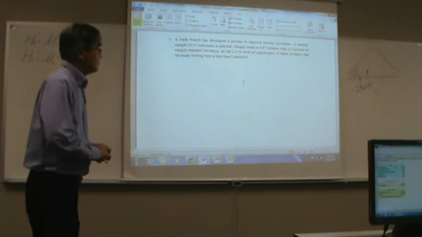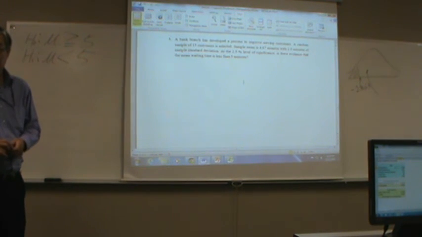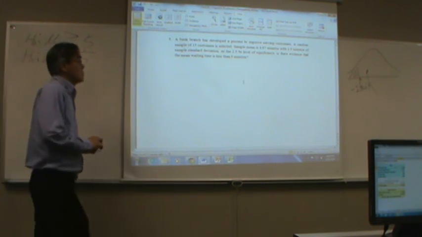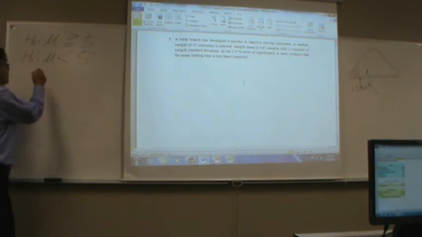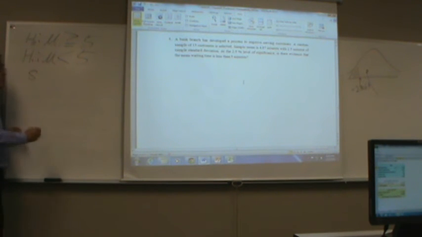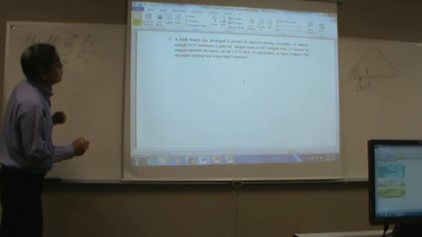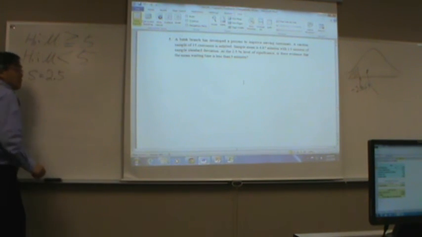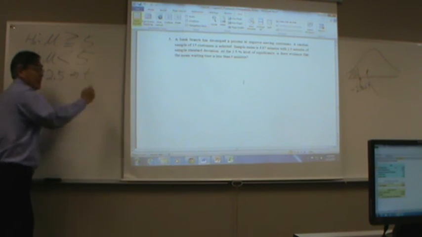It's one tail, left tail, lower tail, right? Now, Z or T? T, because the sample standard deviation is given. Sample standard deviation S equals 2.5 minutes, so it is a t-test.